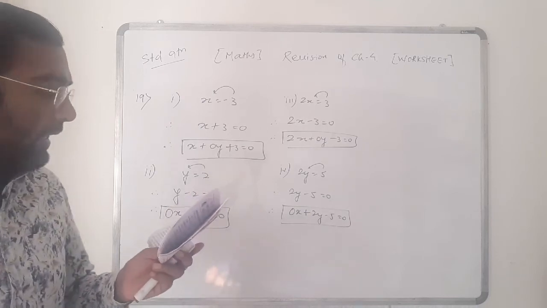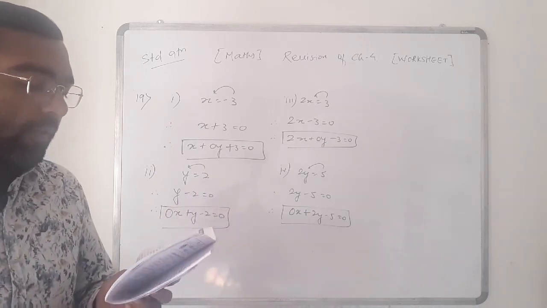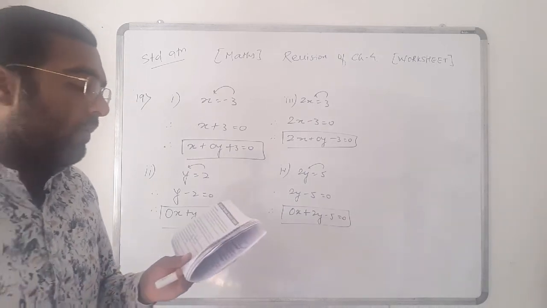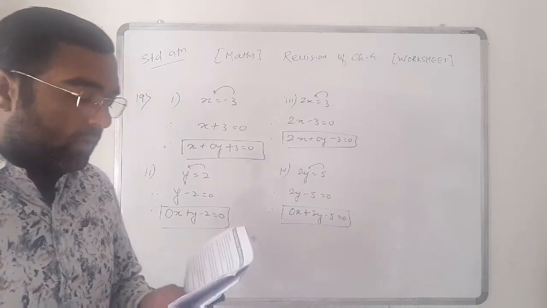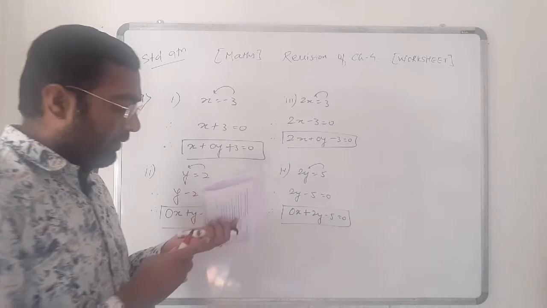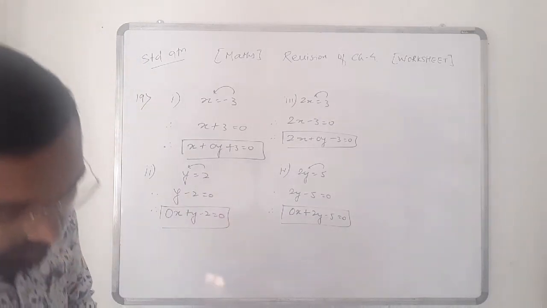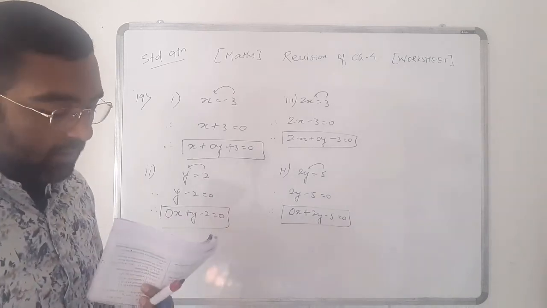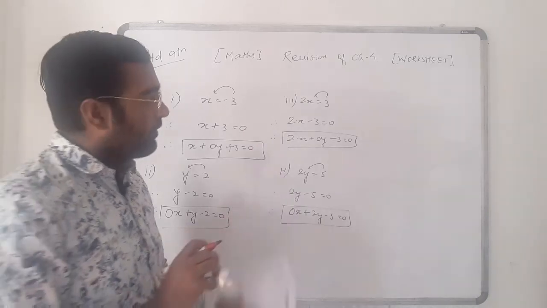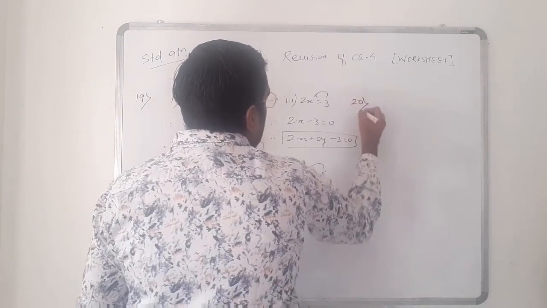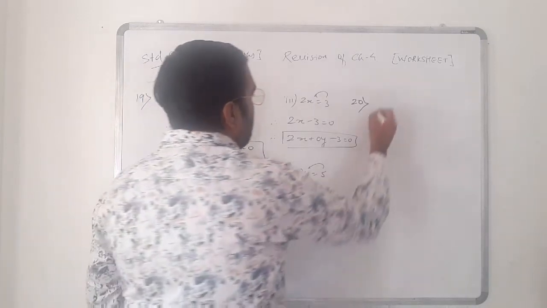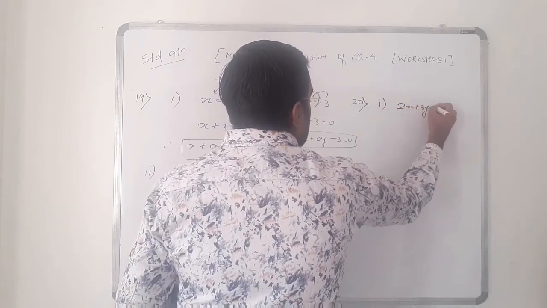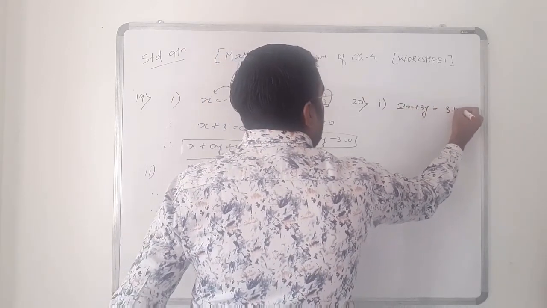Now we are moving on to question number 20. Write each of the following equations in the form ax plus by plus c equal to 0, and also write the values of a, b, c in each case. So in every case we should write the values of a, b, c in two variables. For question 20, first one, 2x plus 3y is equal to 3.47.